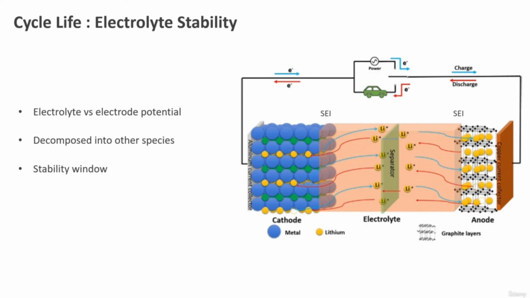However, it is not always necessary to have electrode potentials within the stability window to achieve a long cycle life. Looking at graphite, the potential is below what existing electrolytes allow, hence the graphite negative electrode will reduce the electrolyte. Nevertheless, graphite is the most applied negative electrode in lithium-ion batteries. How does this work?